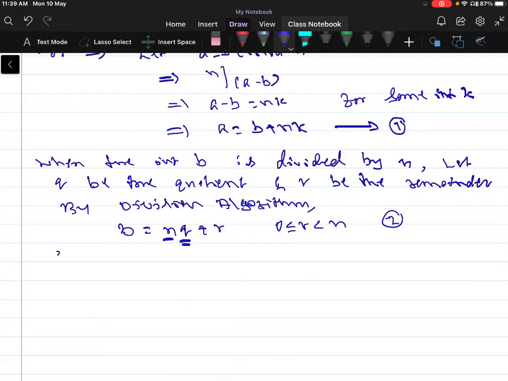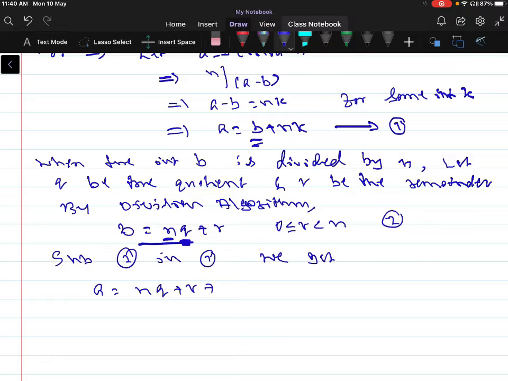Now substituting equation 2 in 1, we get a is equal to, in place of b we take equation 2, so b is equal to nq plus r, plus n times k.